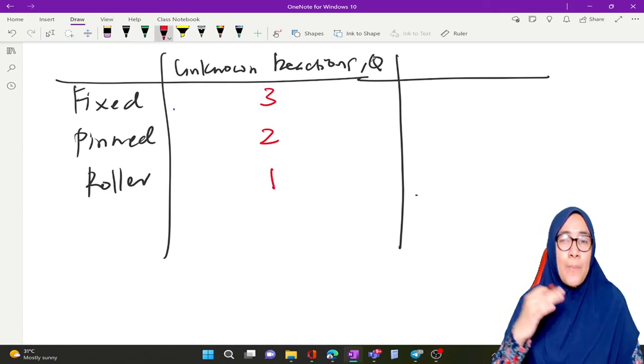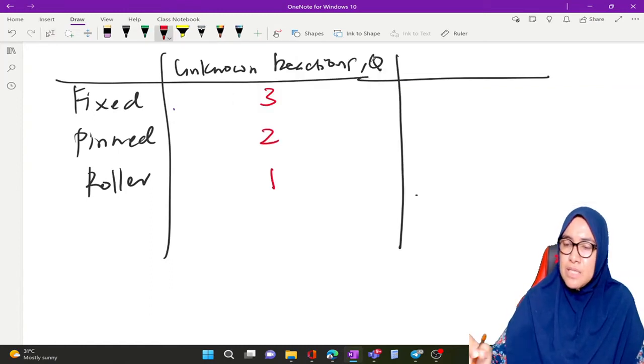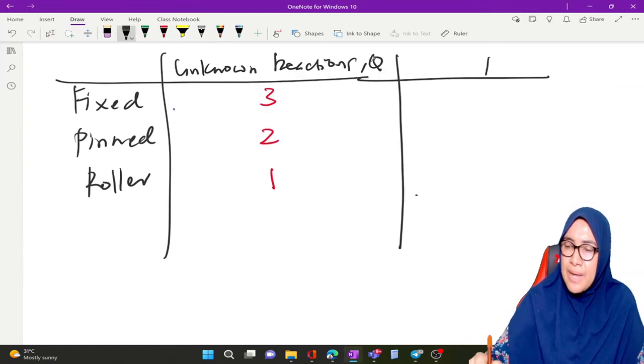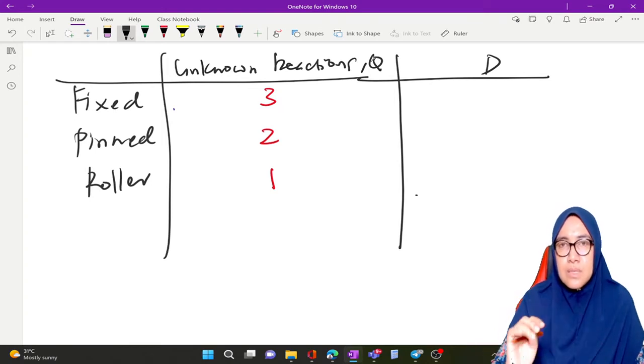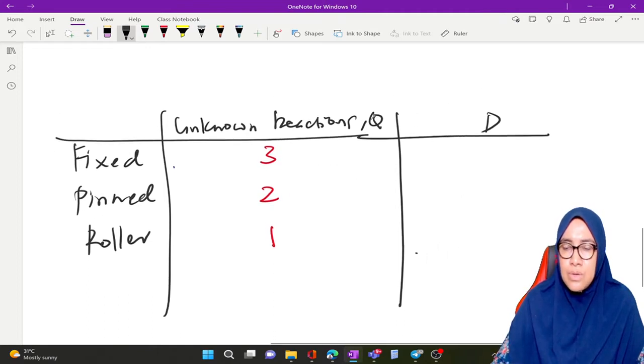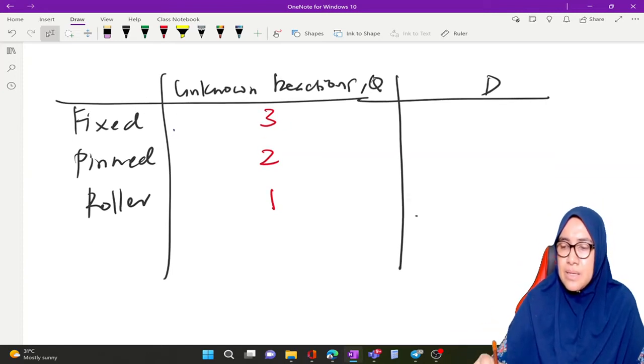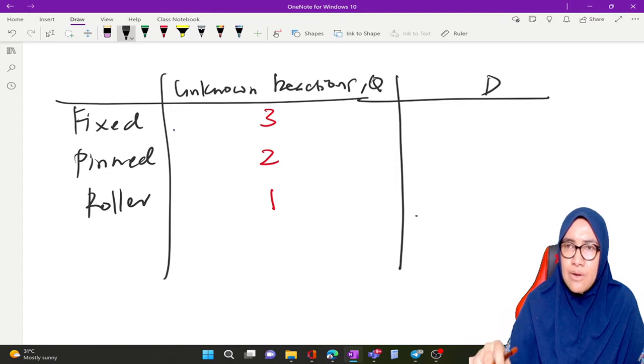And in the opposite condition, for displacement D, let's look at it like this: unknown reaction and unknown displacement.